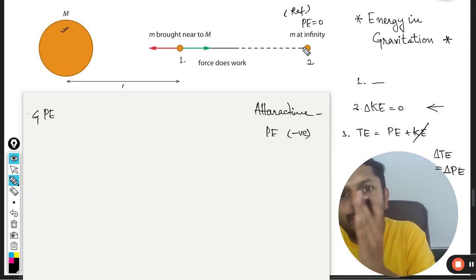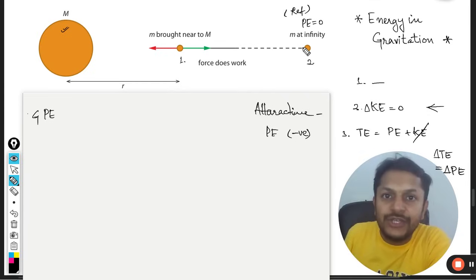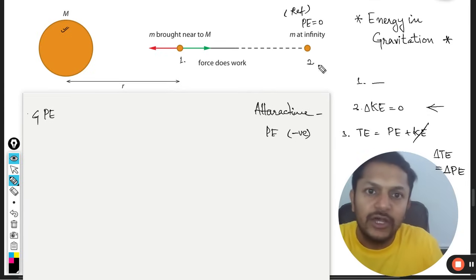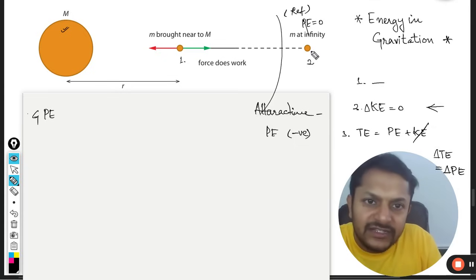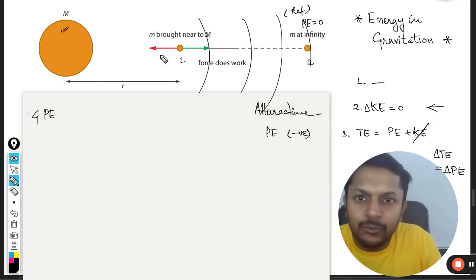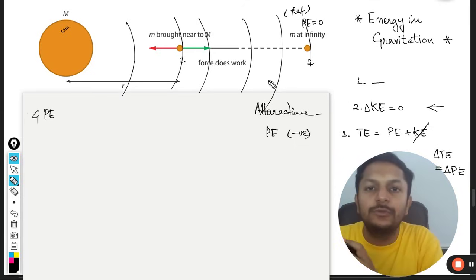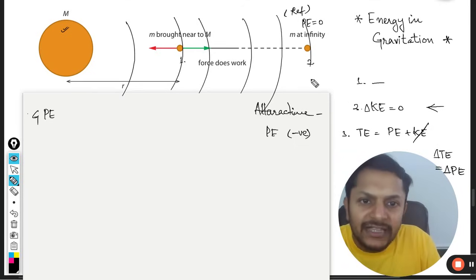And when you keep on moving towards the astronomical object, the potential energy starts becoming more and more negative. So you can clearly see, if these are the distances that the body is moving, the potential energy keeps on becoming more and more negative. At this point it is zero.